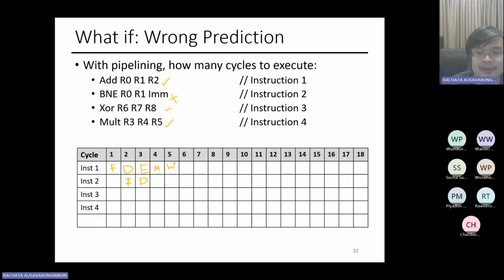You decode, execute, memory, and write back. Then you guess that, hey, I have to fetch something. And you don't know the result of your branch not equal until here, right? So you decode here, and then you realize that you're wrong. Then you realize that you're fetching the wrong instruction. In that case, you have to refetch. So you go back to the right instruction and you do it all over again.